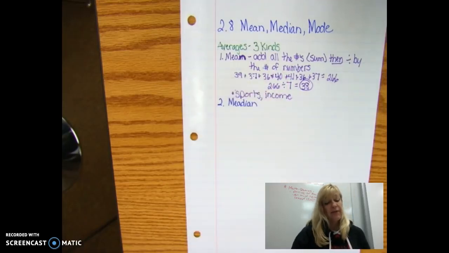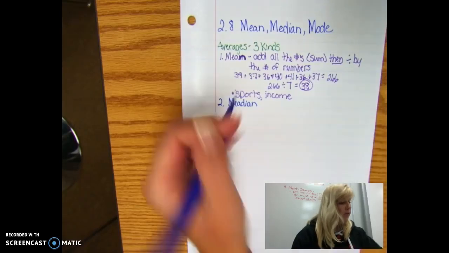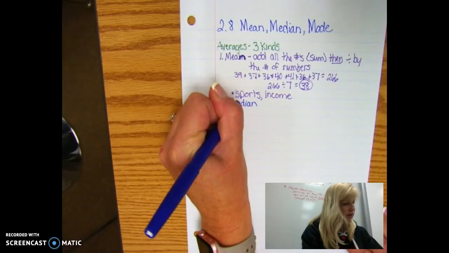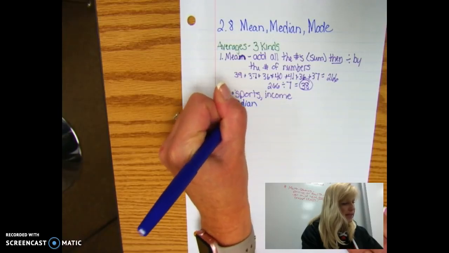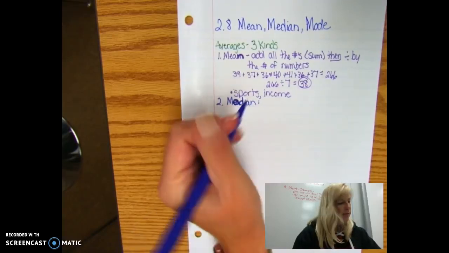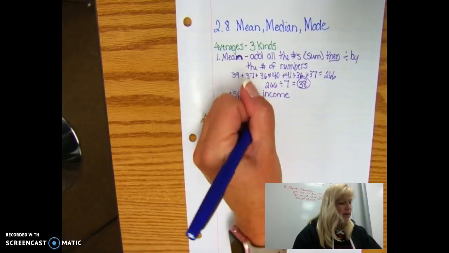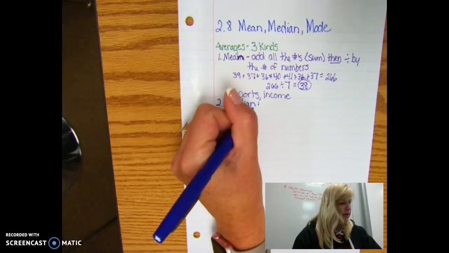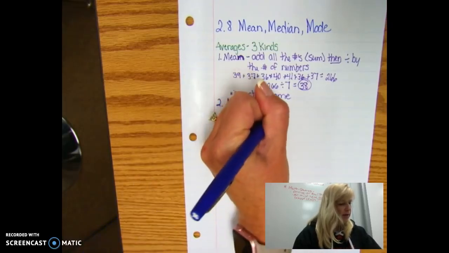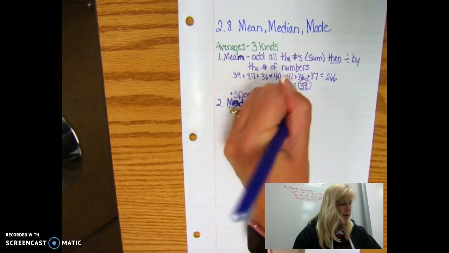But a lot of times, even with income, we go with the median. And when I'm screencasting, I certainly can't spell. It's median. This one's easy to remember because median sounds like the middle number. The M and the N remind me that it's the middle number.